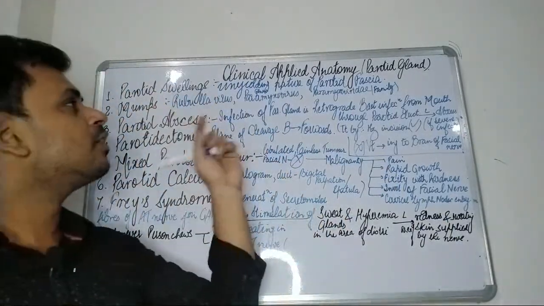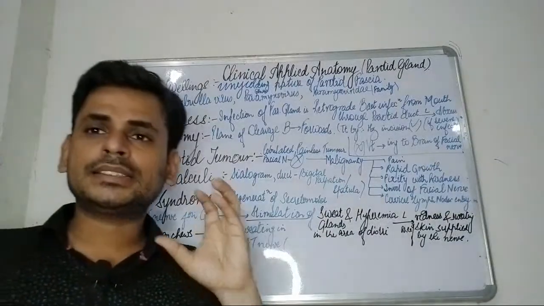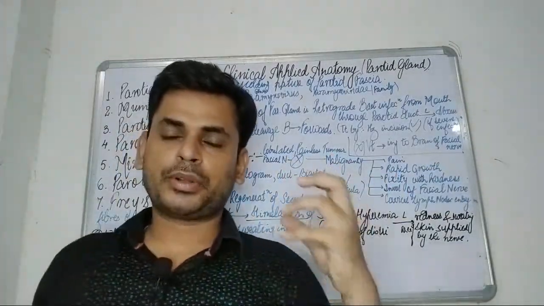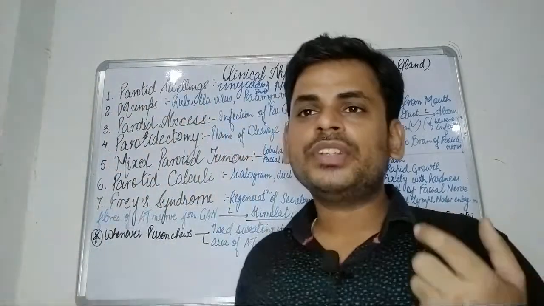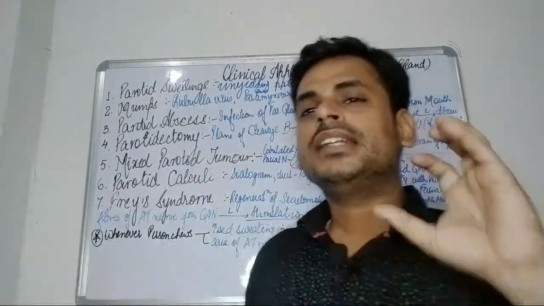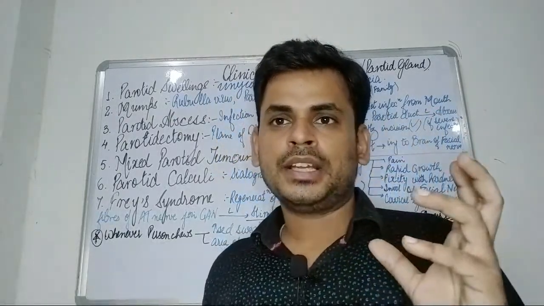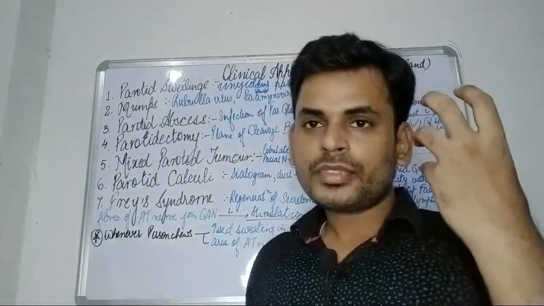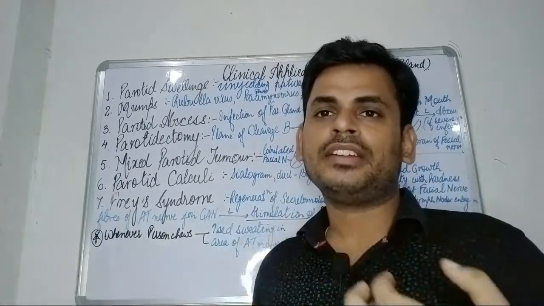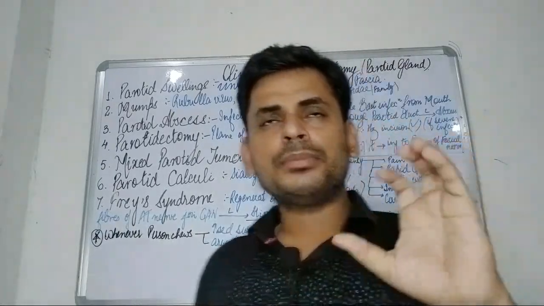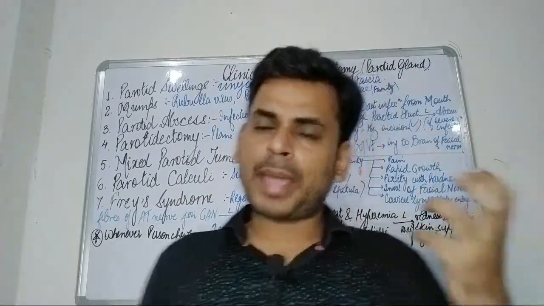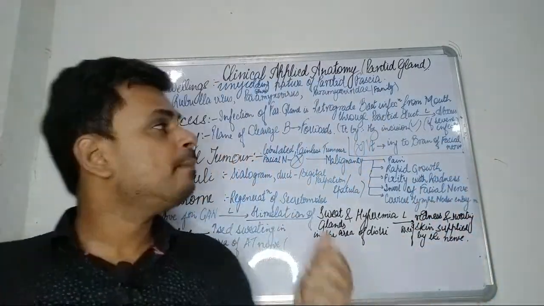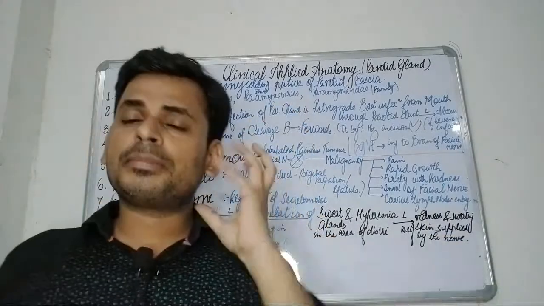In mumps, there is viral parotitis, because of the inflammation of the parotid gland. This parotitis, in case of viral infection due to mumps, does not suppurate. That means in mumps there is no pus formation in the parotid gland.